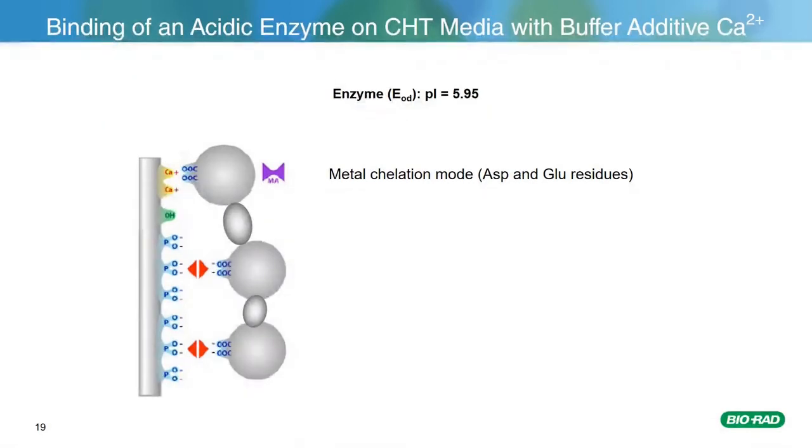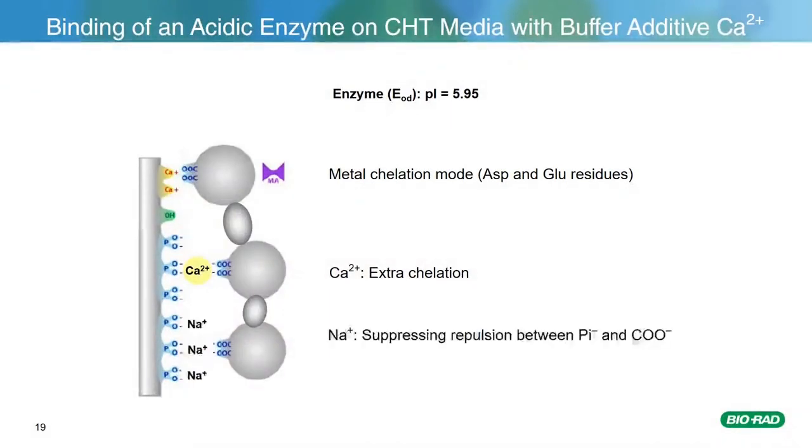We speculate that the calcium ions serve as bridges between the carboxylates of the protein and the phosphoryl groups on CHT. Interestingly, in this case, sodium chloride also helps target binding. The sodium ions might interact with either the phosphoryl groups on CHT or the carboxylates of the enzyme and suppress the repulsion between these negative groups.